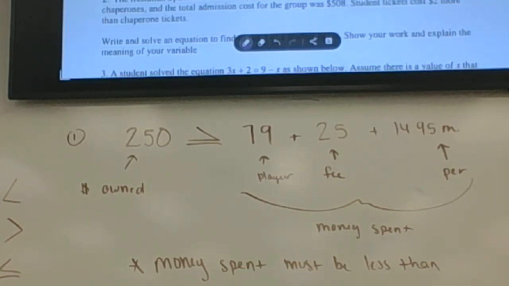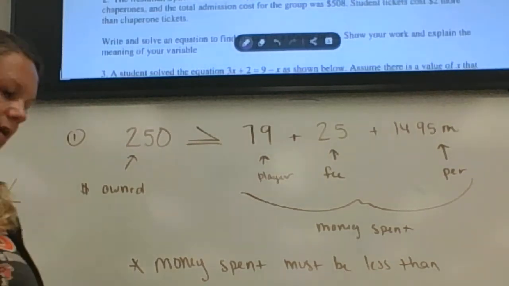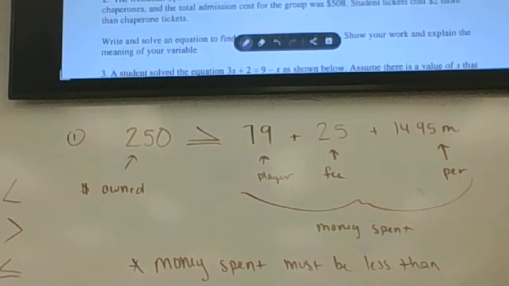Alright, so now we have to solve this inequality. And it says also, show your work and explain what any variable you use represents. That means next to our work, we're going to say that M equals the number of months of membership.